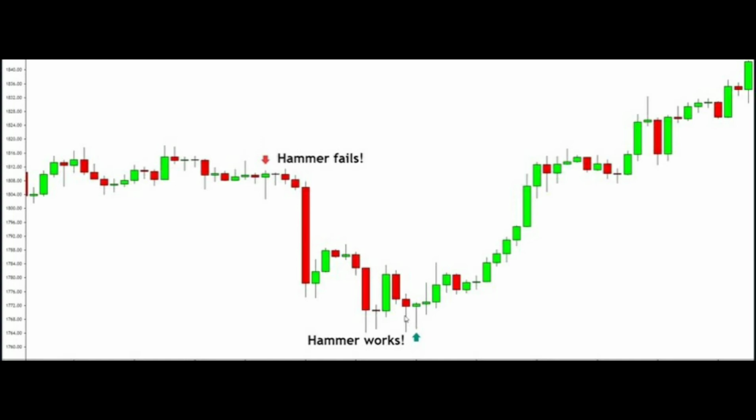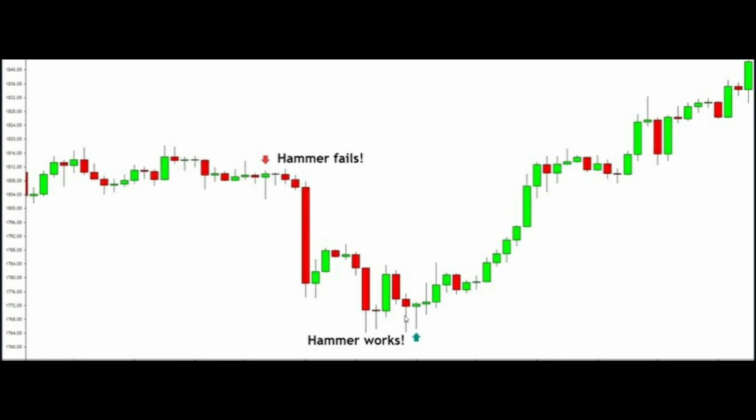One of the advantages of the hammer pattern is that it provides an automatic stop loss level. In other words, the particular shape of the hammer automatically creates a very convenient and easy stop loss level. This level is placed a few pips or ticks below the lower tail of the hammer.